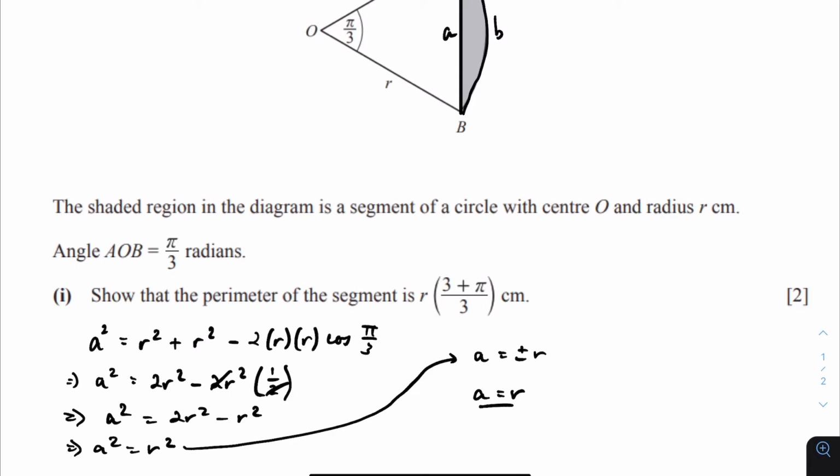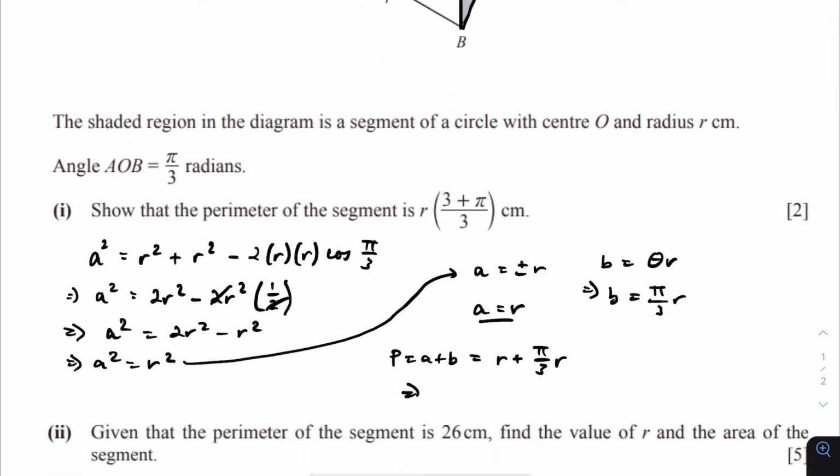So to find B, we just need to realize that according to our radian rules, B is equal to theta r, where theta is the angle. So that means that B is equal to pi over 3 times r. So it's pi over 3 r. So now we just add these up. So P is equal to A plus B, which is equal to r plus pi over 3 r.